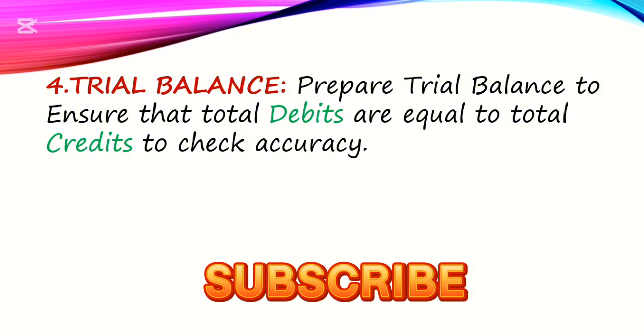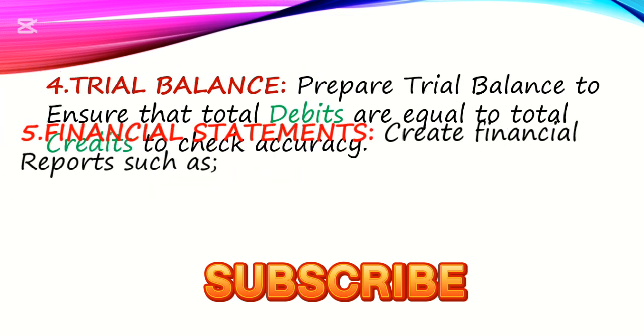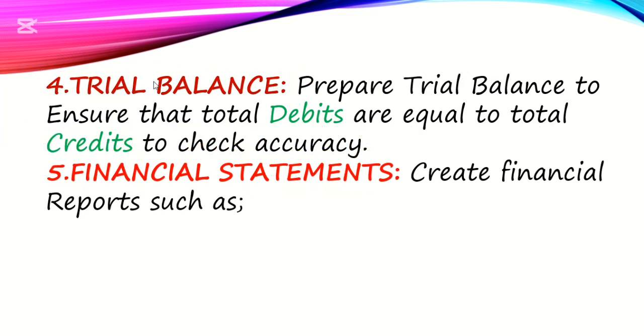Step number 5, the last step, is financial statements. When I say financial statements, you need to understand they are different reports that are created by business management to show either the business's financial performance as well as financial position over a given period of time, especially a period equivalent to 1 year.